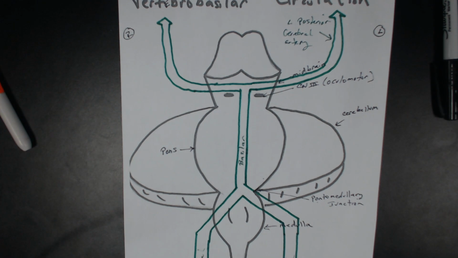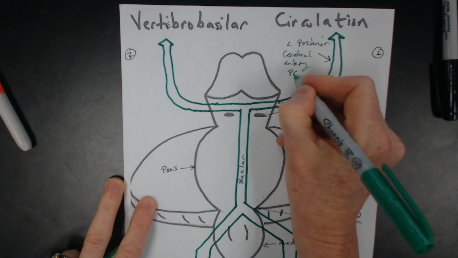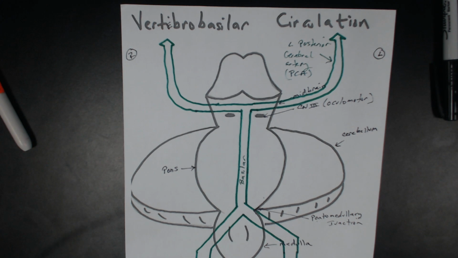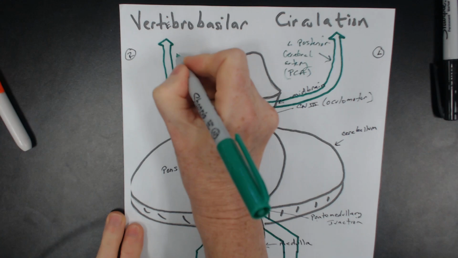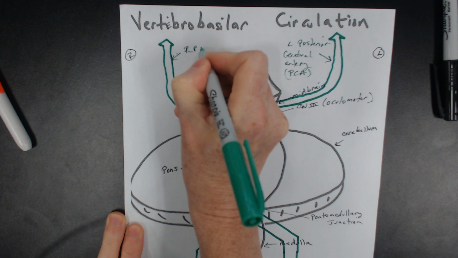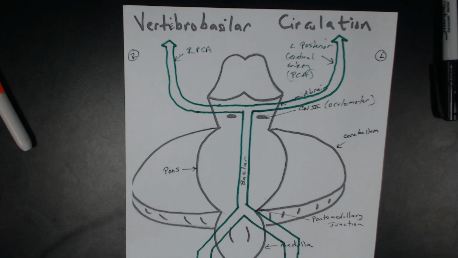Posterior cerebral artery is typically abbreviated as PCA. So that's your left PCA. PCA supplies your occipital lobe with blood. We'll see that toward the end of the talk. And on the right side, we have your right PCA. This guy right here. So left and right PCA.